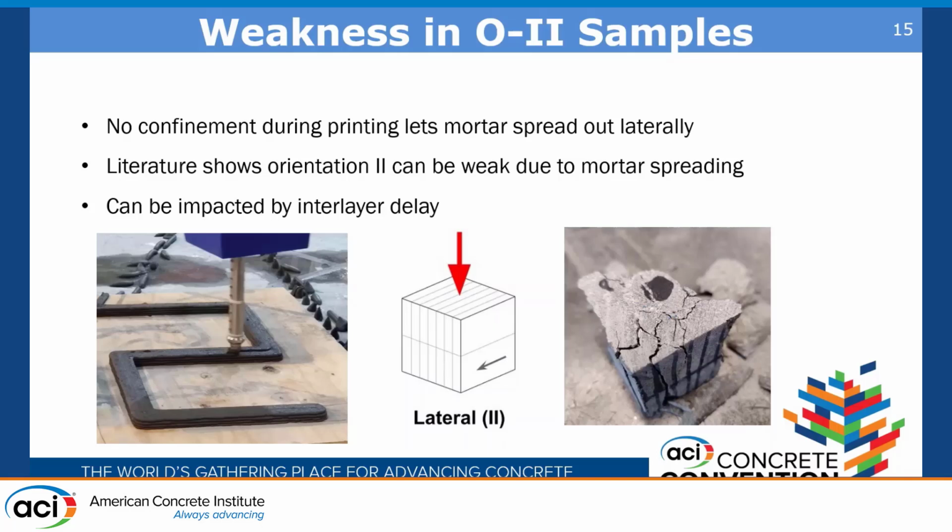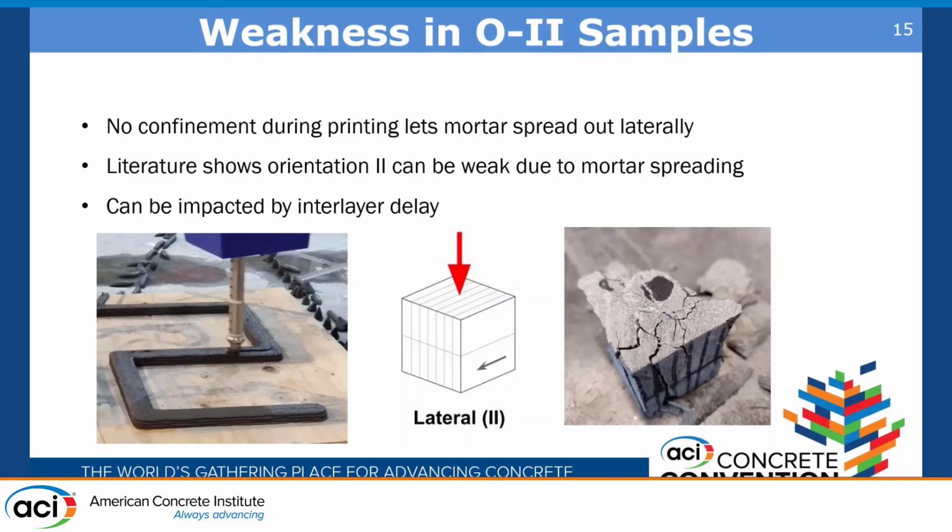Literature has shown that the orientation of our lateral loading can be weak due to this mortar spreading, as the spreading doesn't allow for as much strength buildup, and that this can be impacted by the interlayer delay.